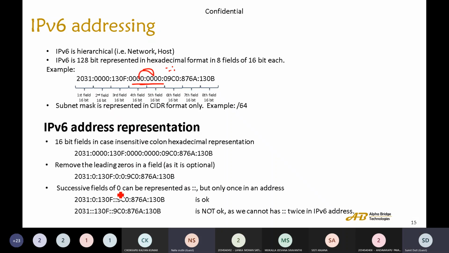So here it will become 2031, 2031. 0040 will become 40. It will be as it is, 1010. It will be 3 digits 9C0 and so on. Here you can see these are leading zeros and they will be replaced by 2 colons.